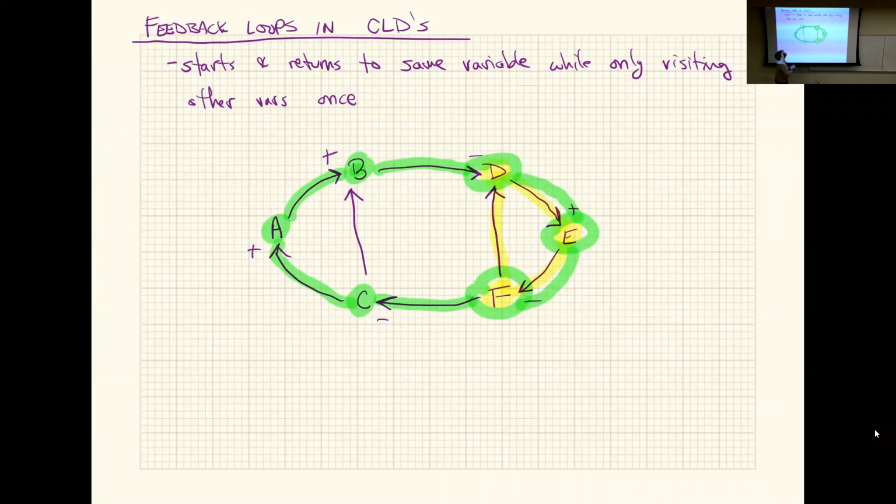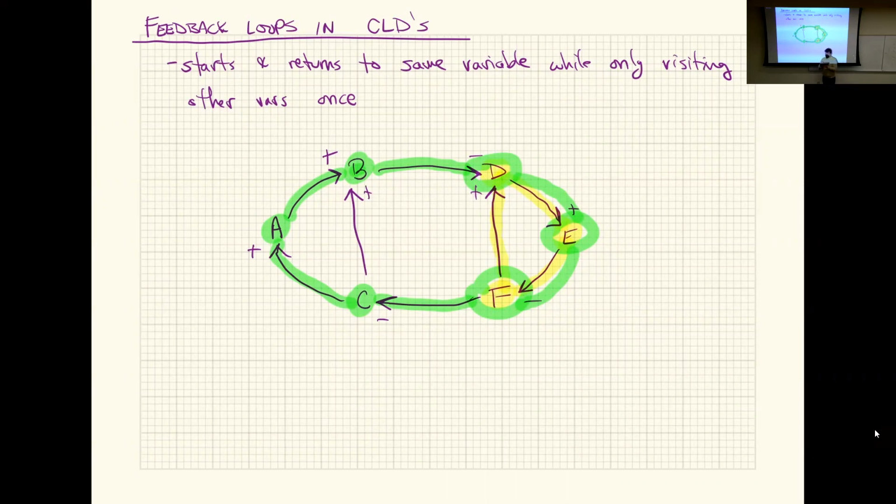If I look at this DEF loop here, whenever D changes, I get the same change in E, which produces an opposite change in F. I never labeled this, so I'll put a little label here. Let's say both of these are pluses on the inside.